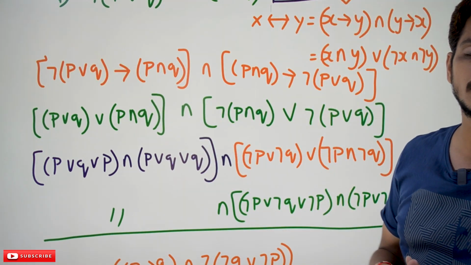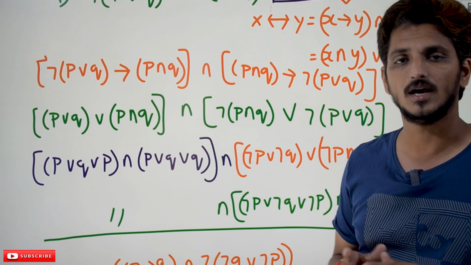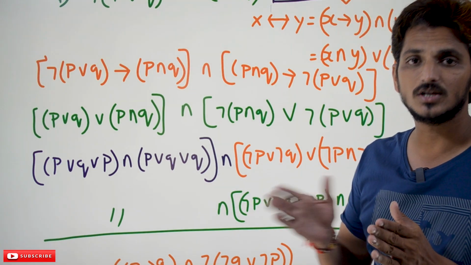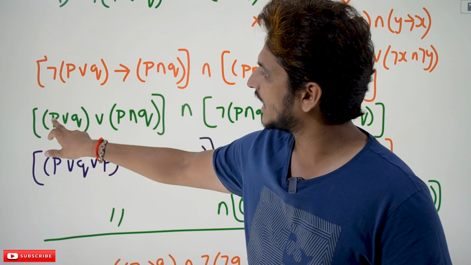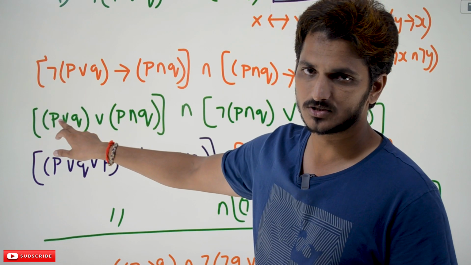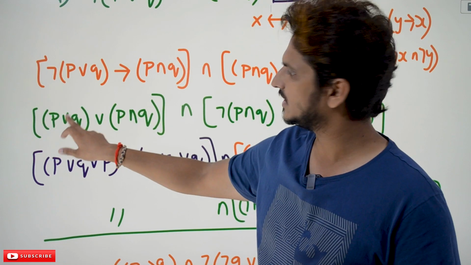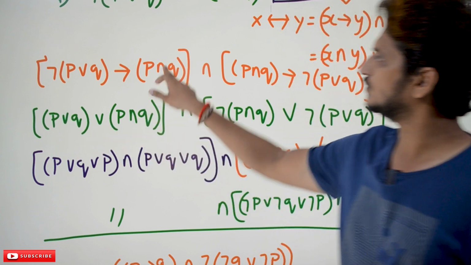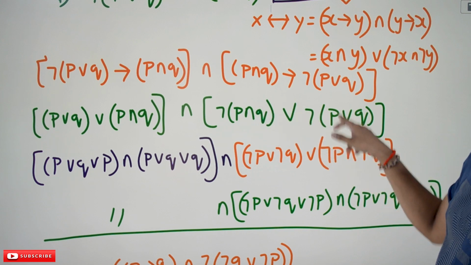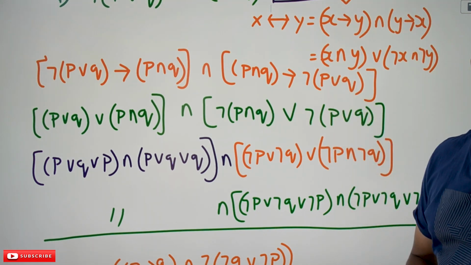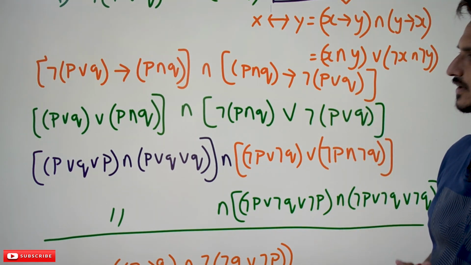P implies q can be written as negation p disjunction q. So the negation of negation is going to cancel, giving p disjunction q. Similarly, here also negation p disjunction q. So both sides we write like this.